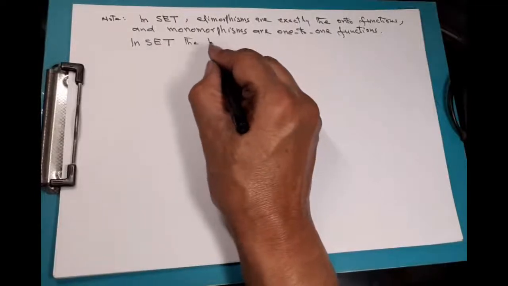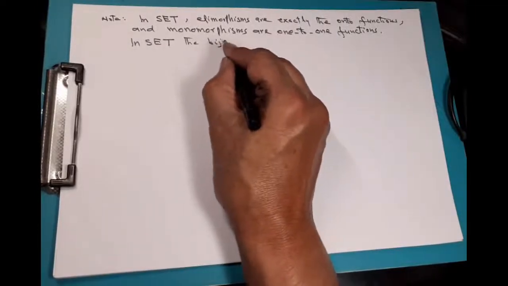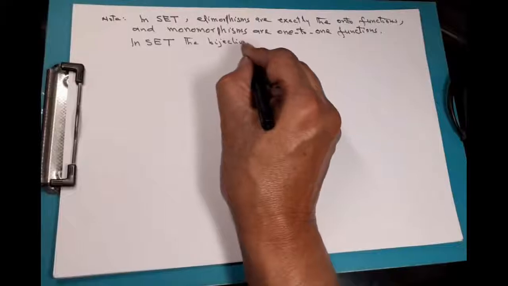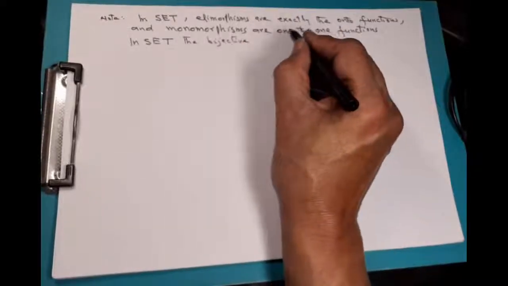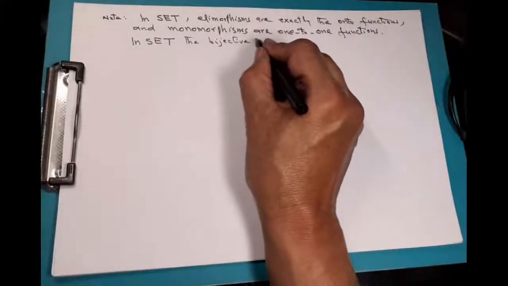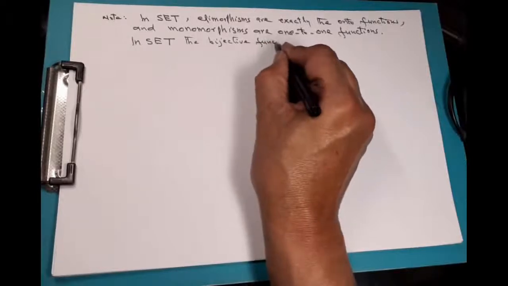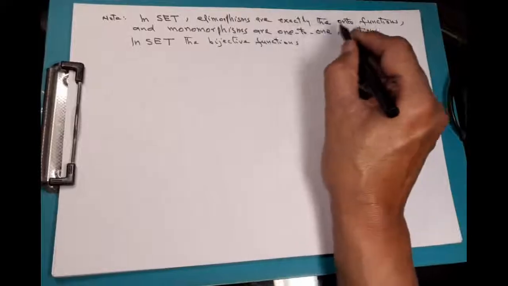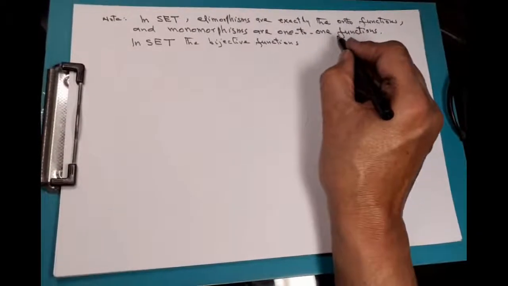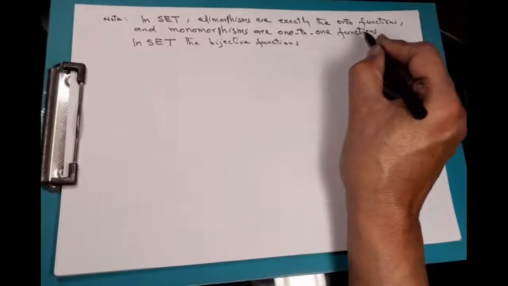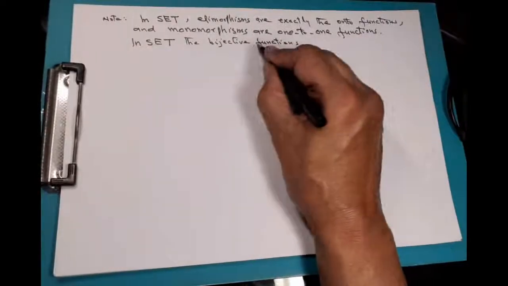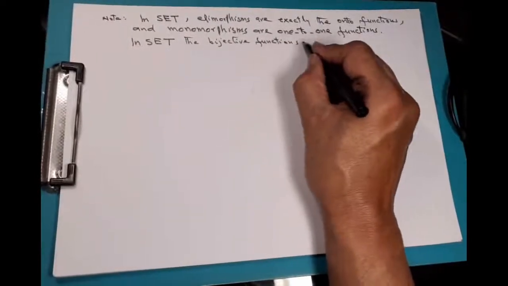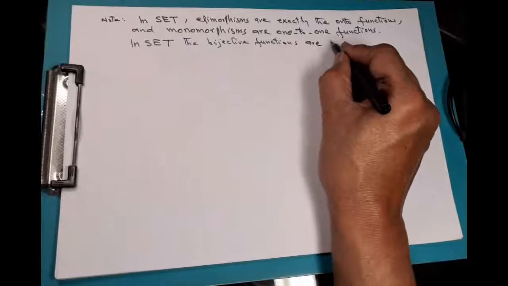The bijective functions, which are one-to-one as well as onto, are isomorphisms.